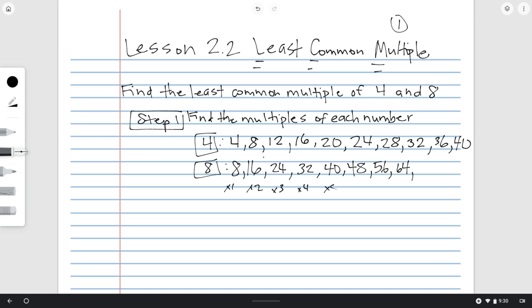What number am I on? 5, 6, 7, 8. 8 times 9 is 72. And then 80. If you got that right, awesome job. This is the easy part. Maybe this whole thing's easy. I don't know. Okay, so finding the multiples of each number.